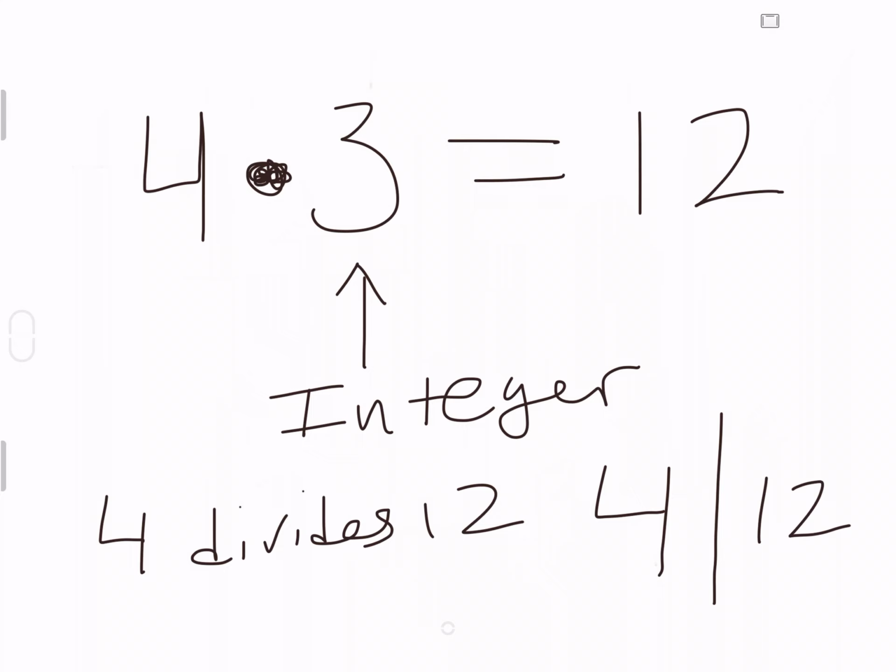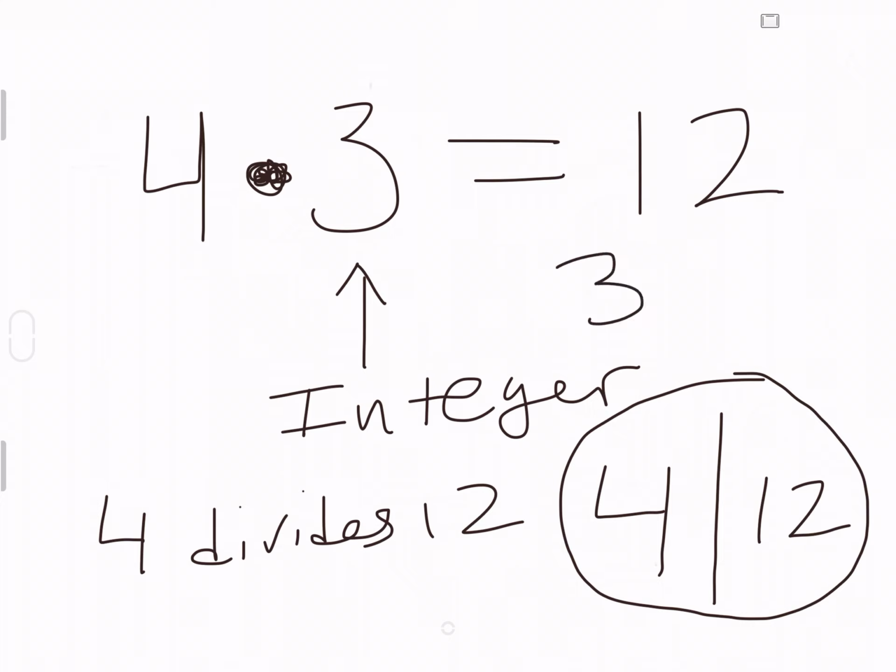It's just a new notation. Whenever you see something like this, what we're saying is there exists some integer such that 4 times that integer equals 12. In this example, it's 3. And you can see that 3 divides 12 as well, right? Because there's some integer, namely 4, such that 3 times 4 equals 12.